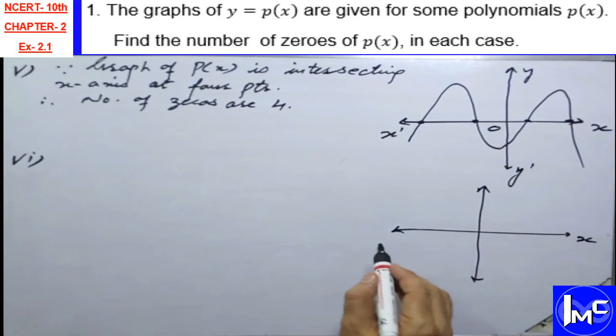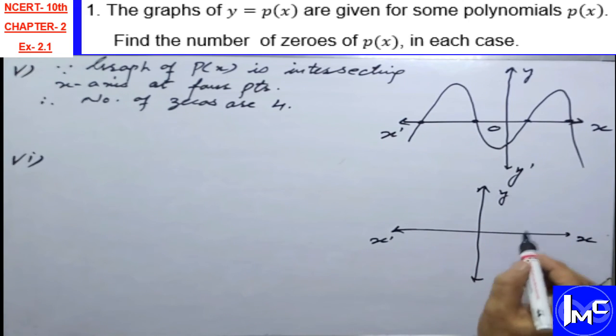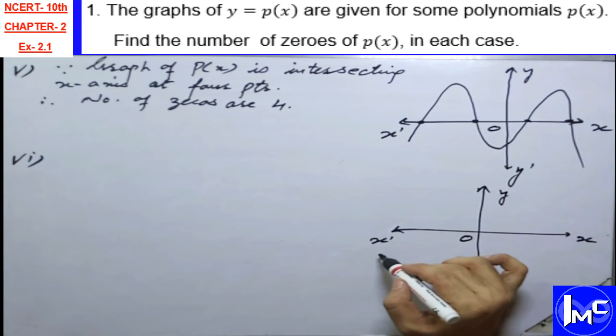And the last question is, this is X dash, Y dash, O. The graph is like this.